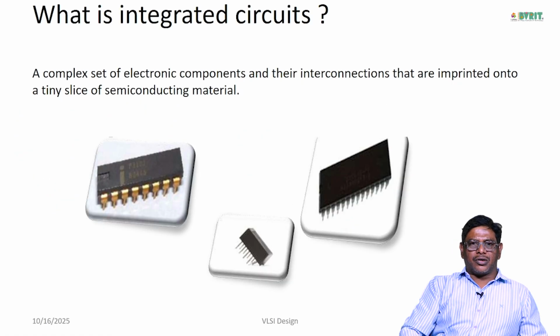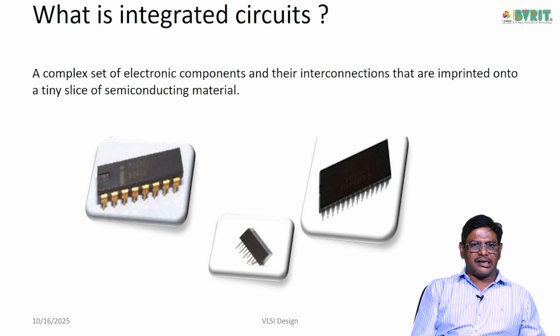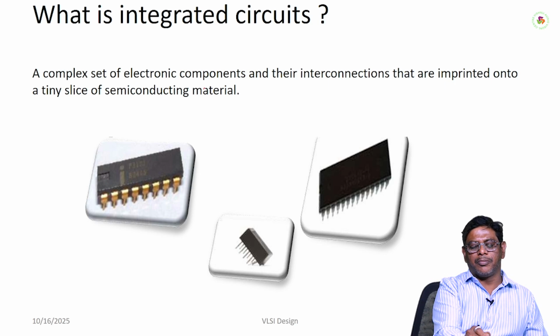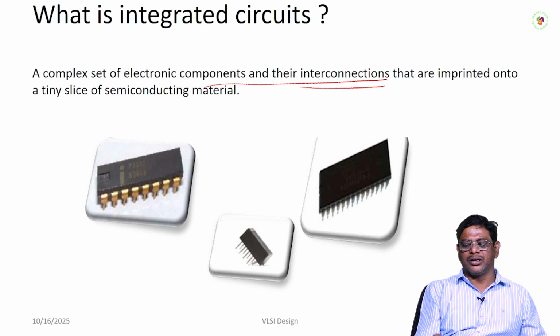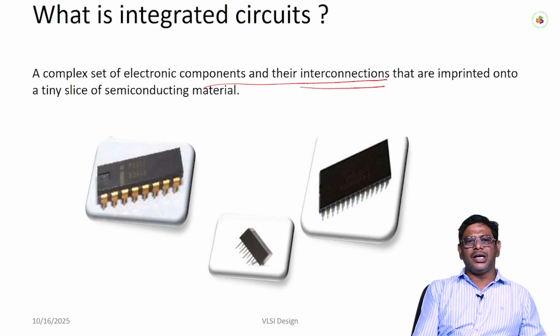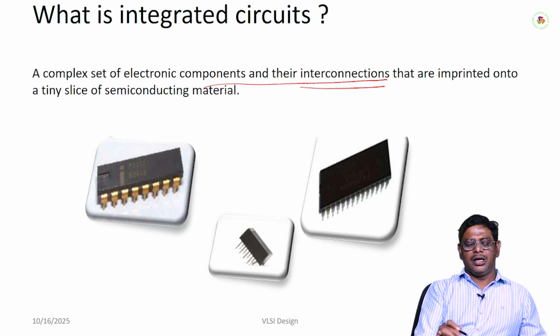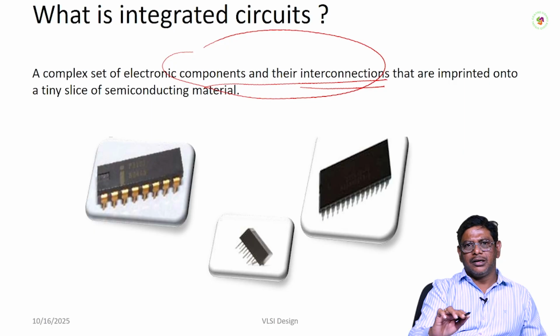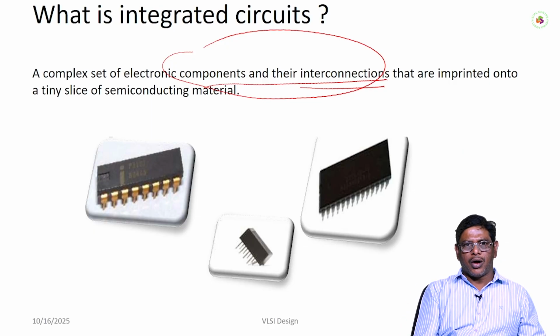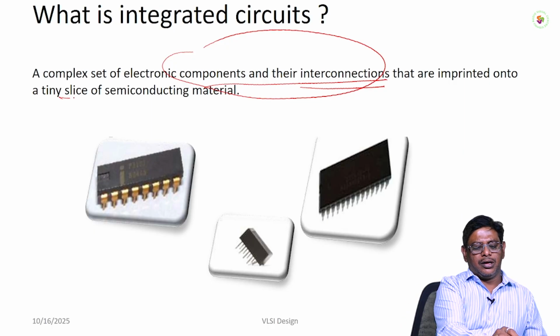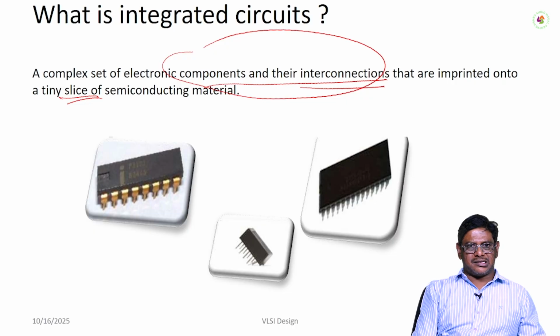Coming to integrated circuits, what basically is an integrated circuit? An integrated circuit is a complex set of electronic components that are interconnected together and imprinted on a silicon slice. It means we consider a number of electronic components together to make a certain product, and that is fabricated on the silicon wafer or slice.